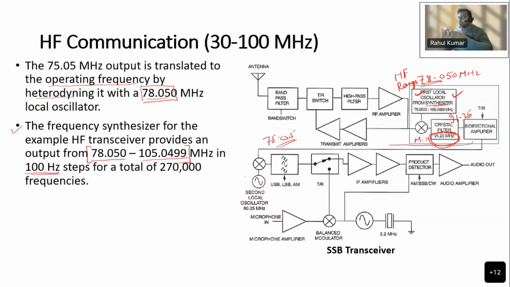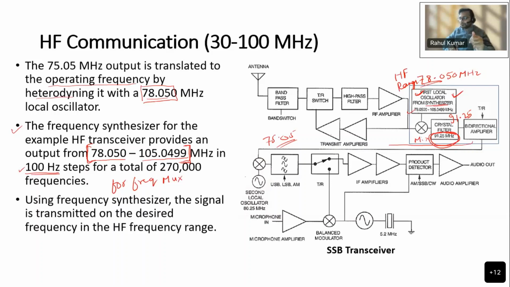For frequency multiplexing, you need to generate different frequencies within the HF band. So this frequency synthesizer, in our example, can generate different frequencies in this range at a step of 100 hertz, for frequency multiplexing.